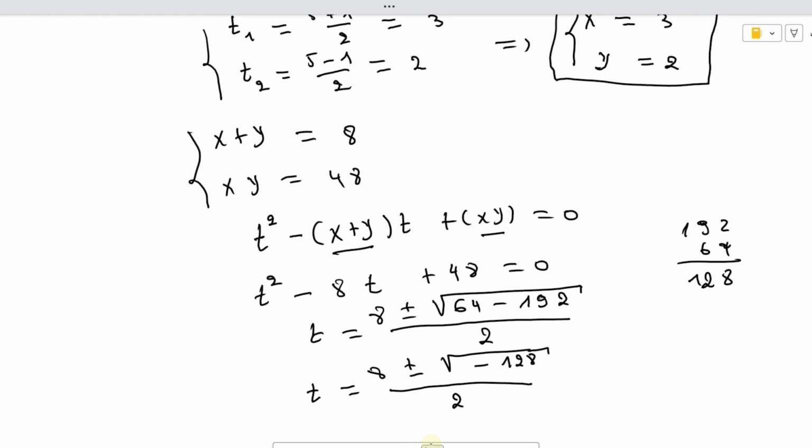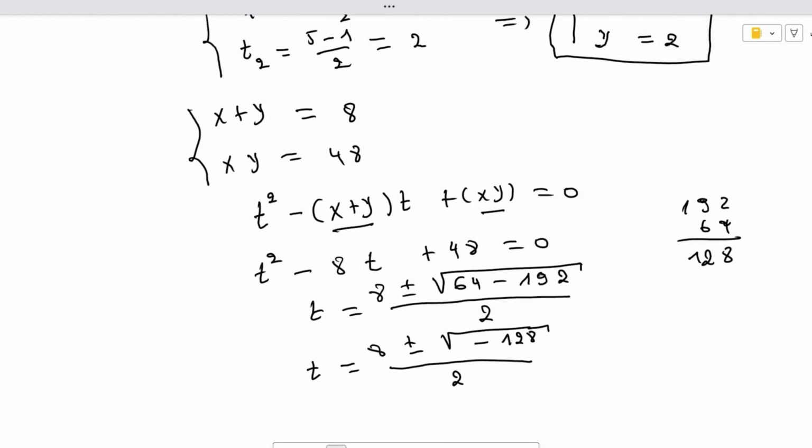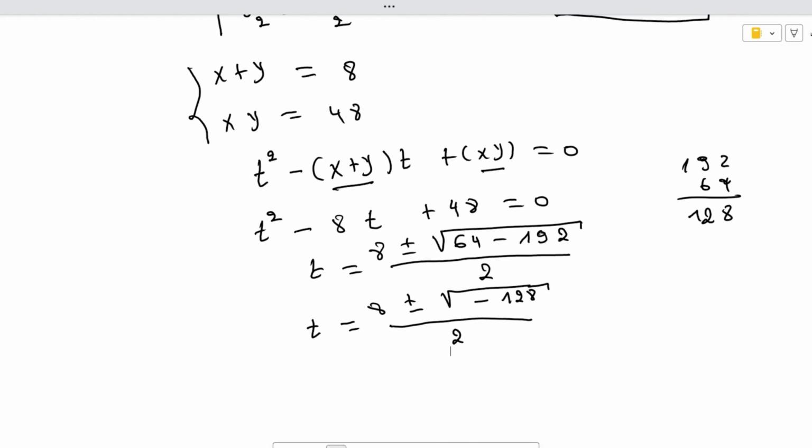So this is equal to what? This is complex. The roots are going to be complex because we have a negative discriminant. So this will be the same as t equal to 8 plus or minus i times the square root of 128.